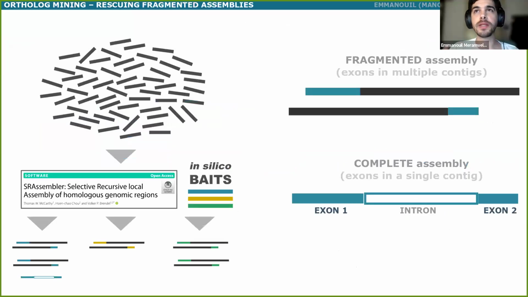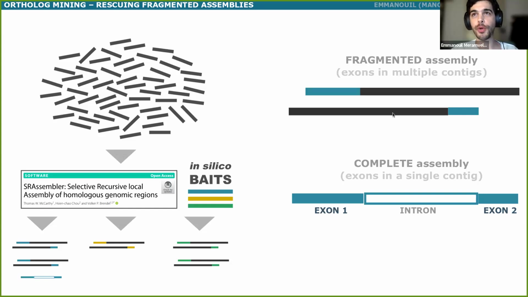So the next step is to use software that actually does this local assembly approach. We chose to use aTRAM, which is a very nice, very modular software. And after running your short reads from shotgun sequencing and your baits, you get either a very nice complete assembly, meaning that all the exons from the bait of interest are within the same contig, or you get a fragmented assembly where you can find exons, but they are in different contigs.